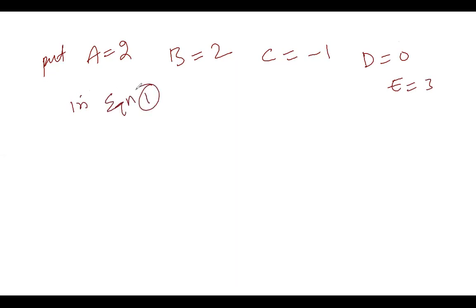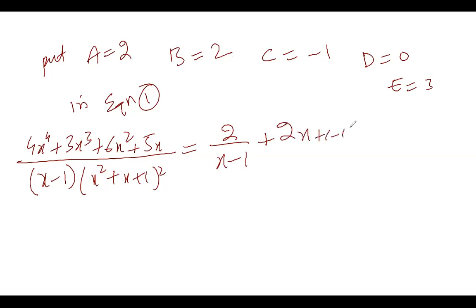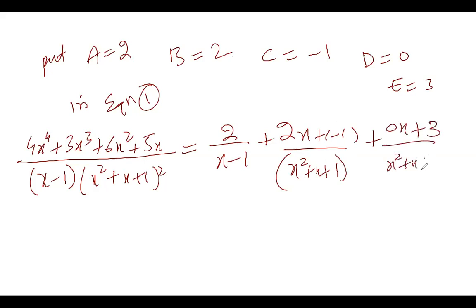Our equation 1 is 4x⁴ plus 3x³ plus 6x² plus 5x over x minus 1 into x² plus x plus 1 whole square, is equal to a over x minus 1, that is 2 over x minus 1, plus 2x plus c, that is 2x minus 1, over x² plus x plus 1, plus 0x plus e, that is 3, over x² plus x plus 1.